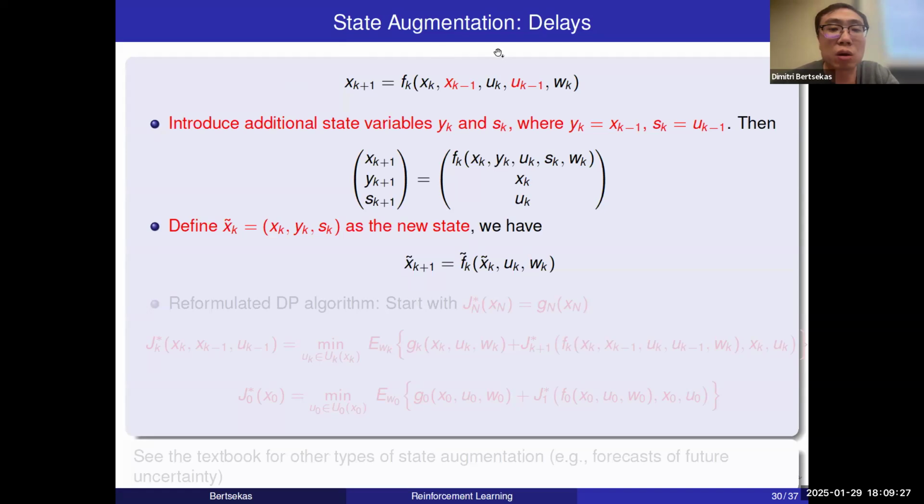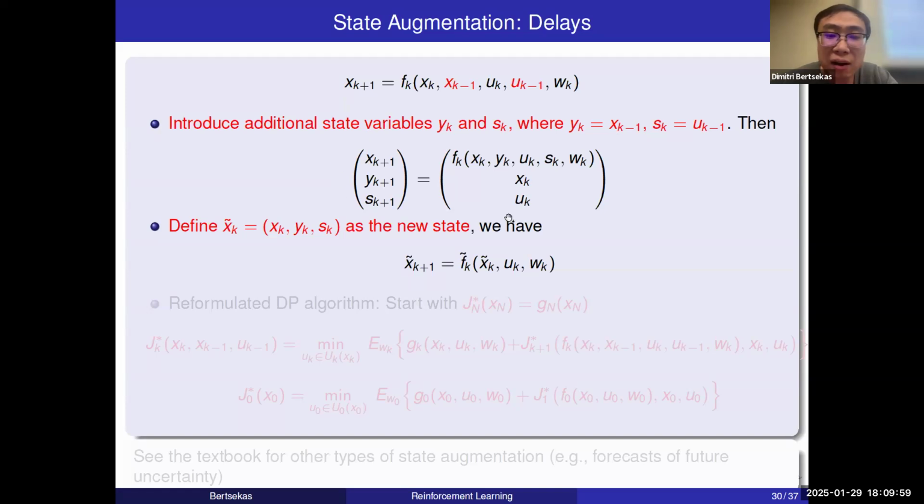use is called state augmentation. Essentially, introduce additional state variables, yk and sk, and define an augmented state with higher dimension, whereby we define yk, a new state, and sk, such that they record the values of xk minus 1 and uk minus 1 that the next state still depends on.